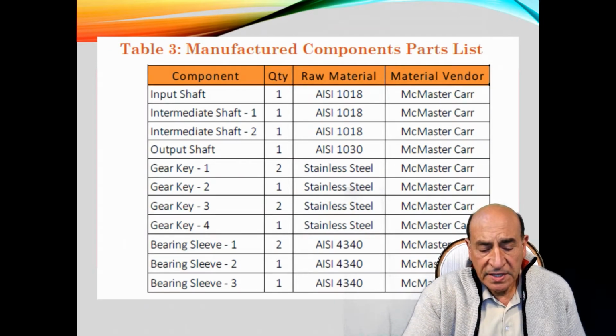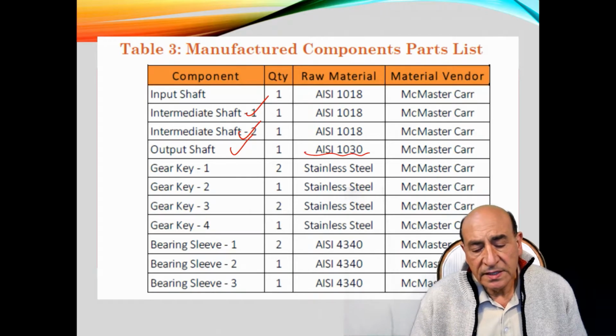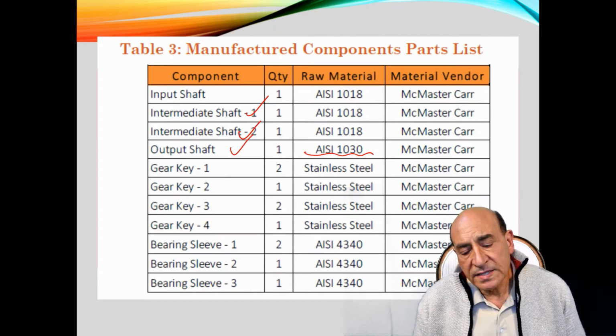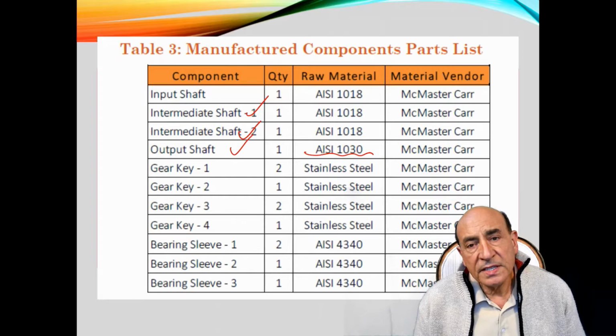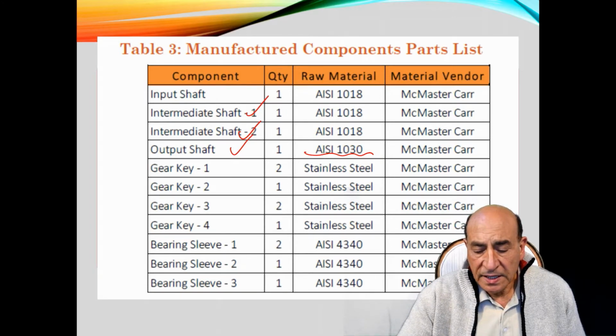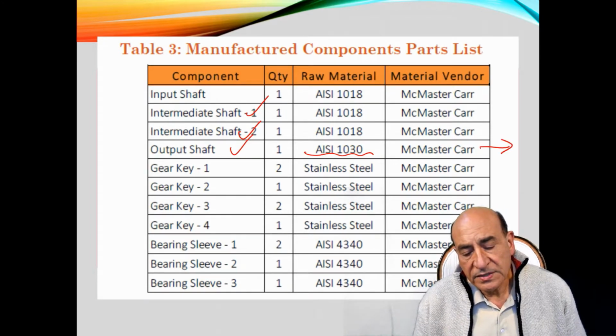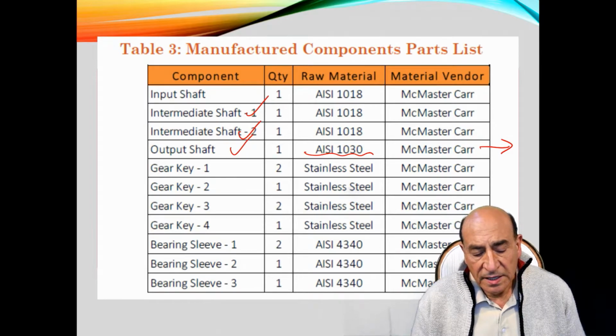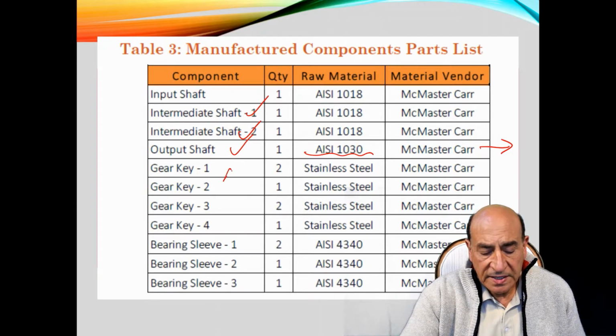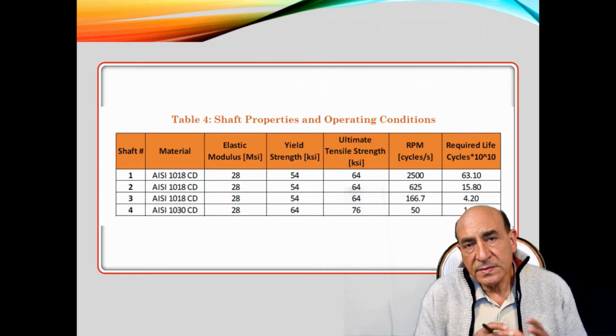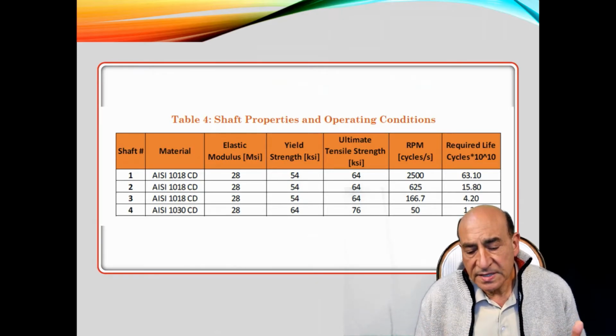Things like intermediate shafts and the output shaft, you need to specify the raw material. This is AISI 1030 steel, and then the vendor, McMaster-Carr. The keys, you specify the keys and the bearing sleeves. All of this is part of the design, so at the end of the day, when you have your final report, you'll have a complete design with all of this list.